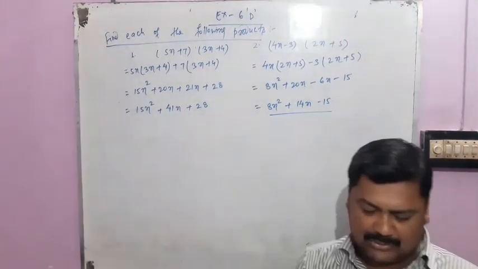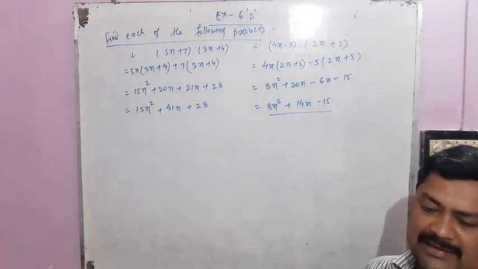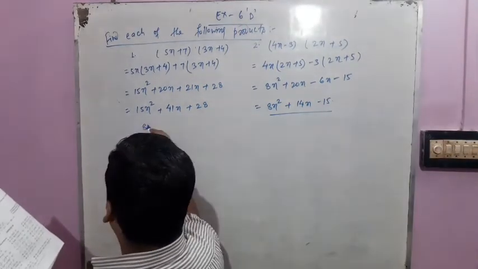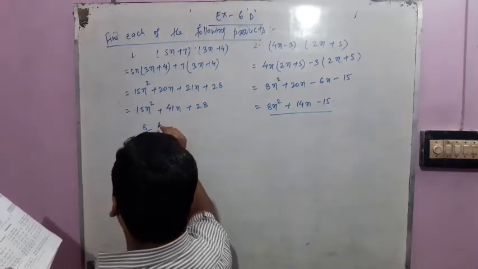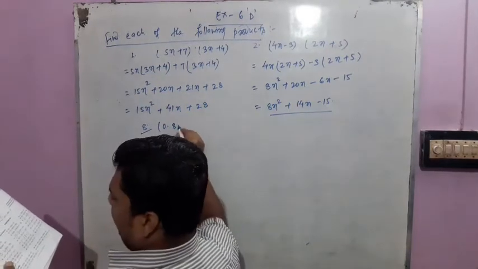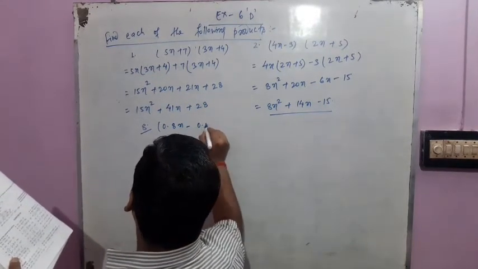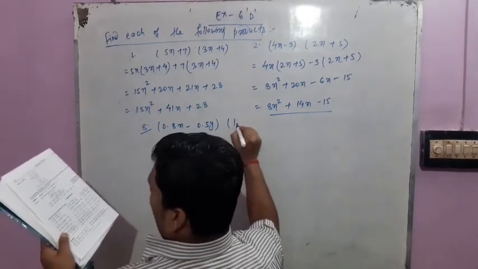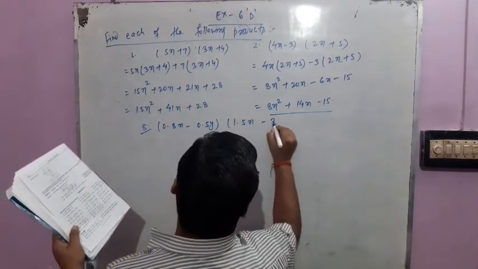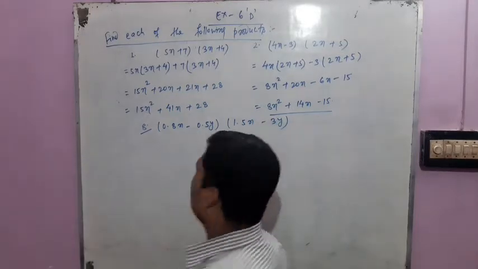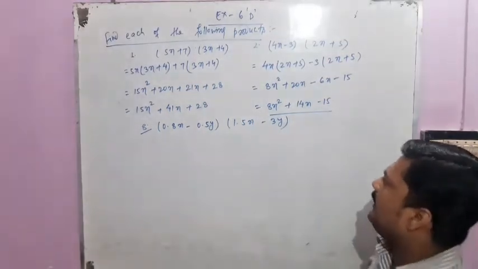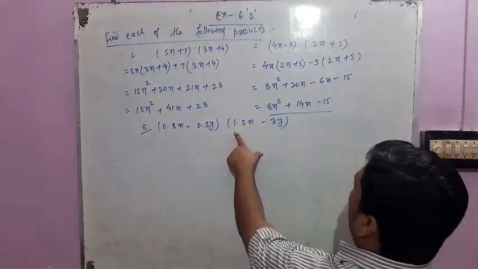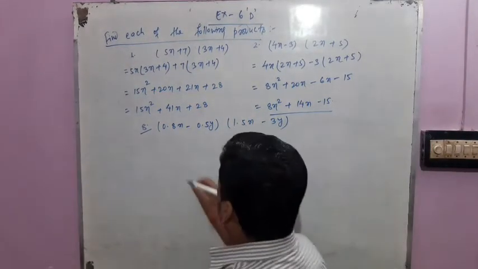Now look at the question here, students. One question that is related to decimal. Question number 8. In question number 8 it is given that 0.8x minus 0.5y we have to multiply with 1.5x minus 3y.